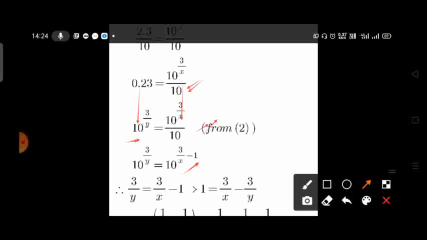So by using that formula I have written here. And then 3 by y, here the bases 10 and 10 are equal. So that's why the powers also should be equal. So 3 by y is equal to 3 by x minus 1.